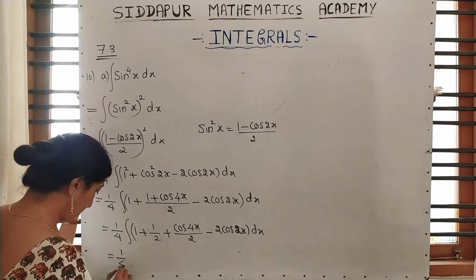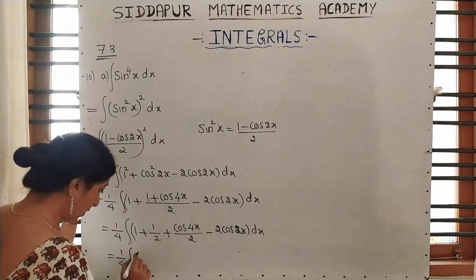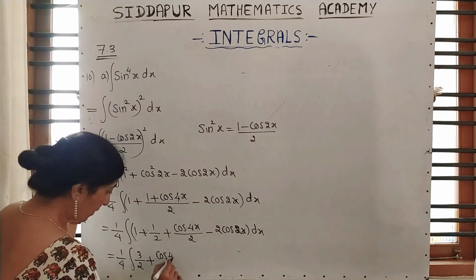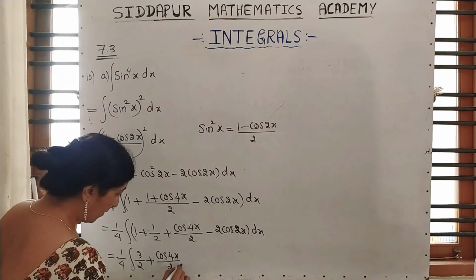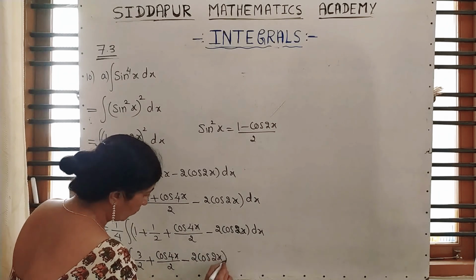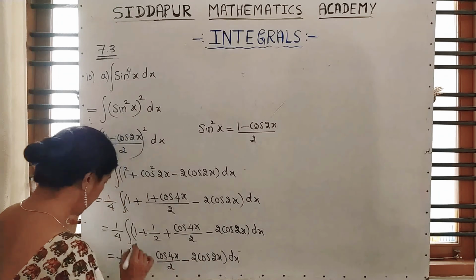This is 1 by 4. 1 plus 1 by 2 is 3 by 2, plus cos 4x divided by 2, minus 2 cos 2x into dx.